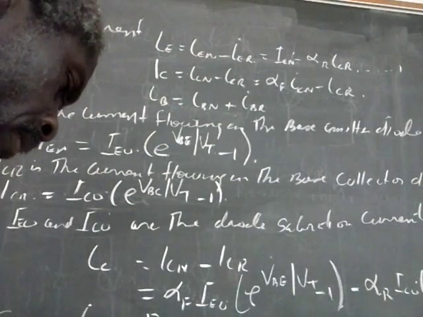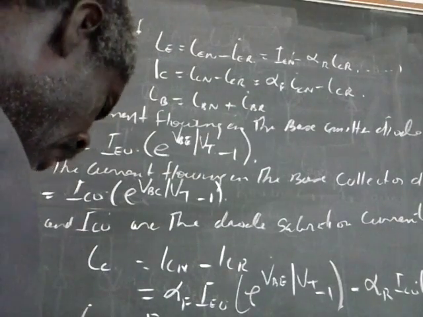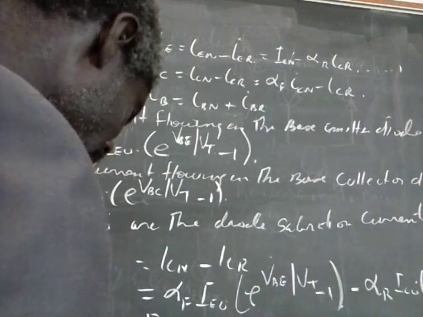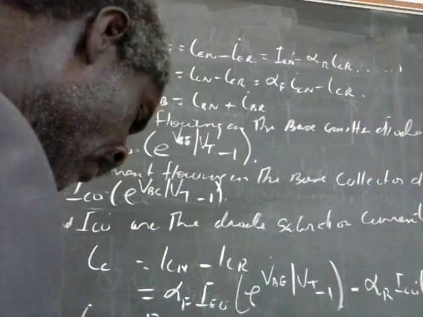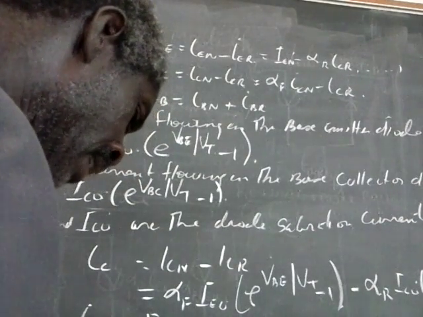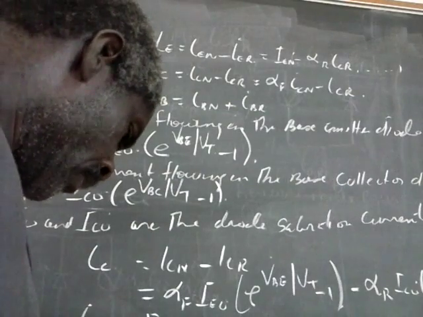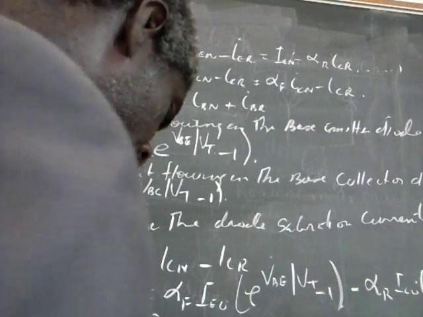And in this region, that is in the saturation region, both the base-emitter junction and the base-collector junction are forward biased. So the currents IEN and ICR, that is base-emitter and base-collector, normal and reverse, are flowing simultaneously.